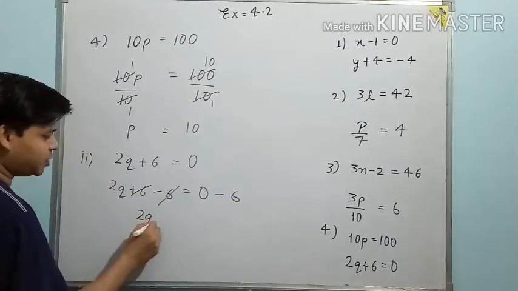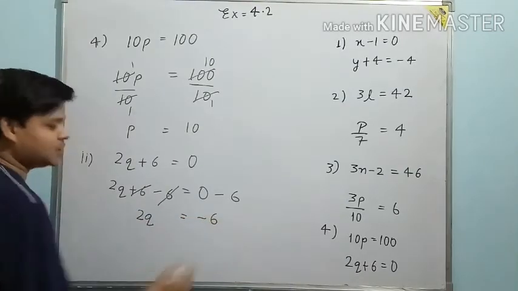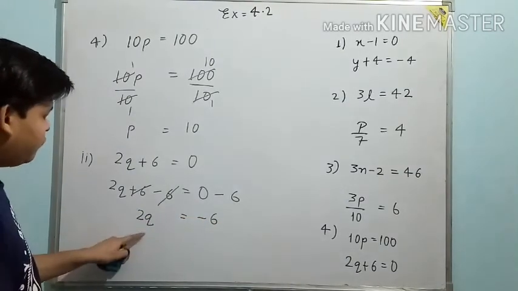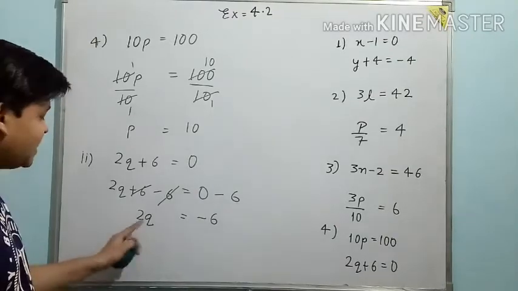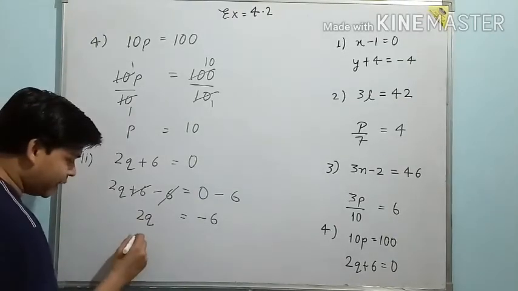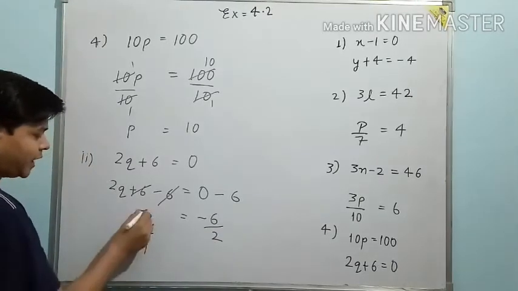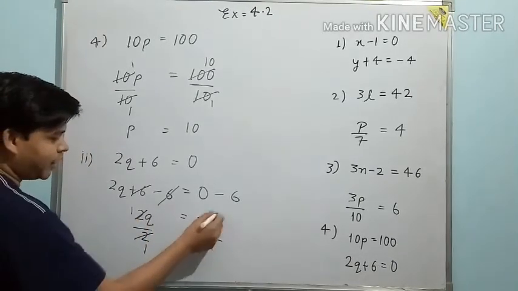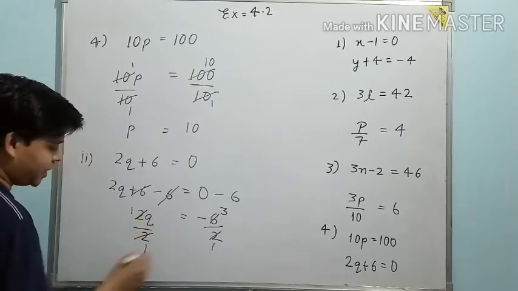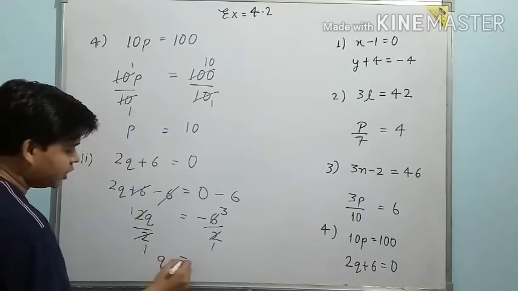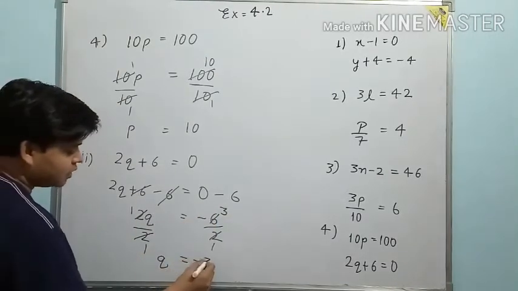Here we are left with 2q is equal to minus 6. Now we have to remove this 2. 2 is in multiplication, so we will divide by 2 on both sides. 2 one time, 2 one time, and 2 one time, 2 threes are 6. So here we are left with only q is equal to minus 3.